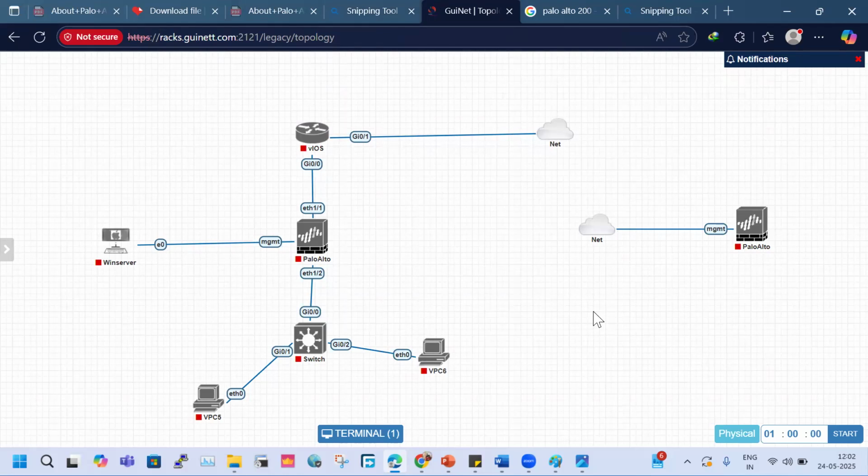How many ports are available, how the Palo Alto box looks. Tomorrow we will try to create one lab. We will try to access the firewall and configure it from scratch. No problem, I will share all the documents for study.